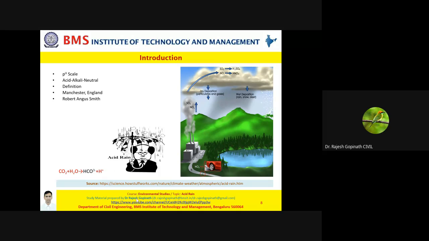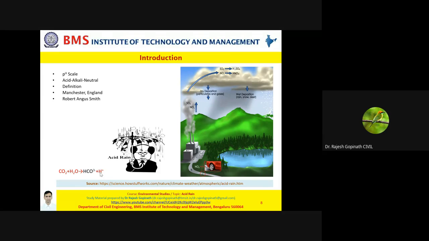Have a look at the equation here: CO2 plus H2O results in carbonic acid, H2CO3. Carbonic acid is a weak acid. That is why, though the normal rainfall is acidic, we are not endangered by it. So please remember this: normal precipitation is slightly acidic. That means its pH is slightly less than 7.